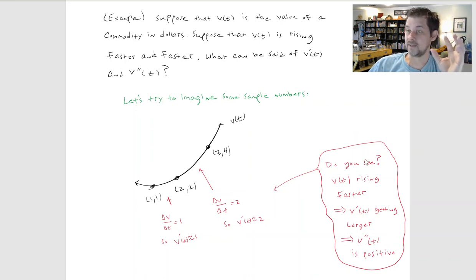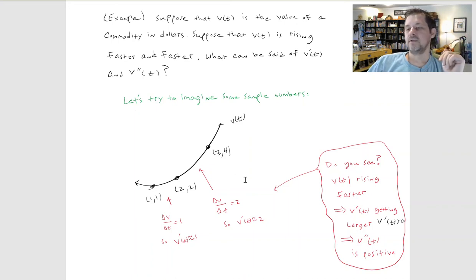But I can say this: if v of t is rising faster and faster, it must be true that v prime of t is getting larger and v double prime of t is positive. Let's add one more thing in case our question says, tell me whether v prime is positive or negative. Well, both of them will be positive in this case.